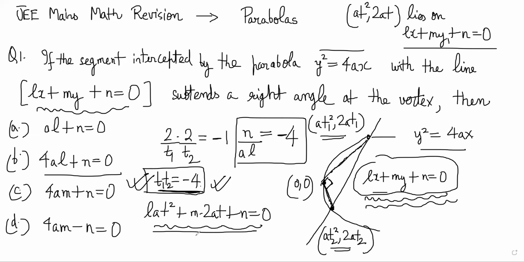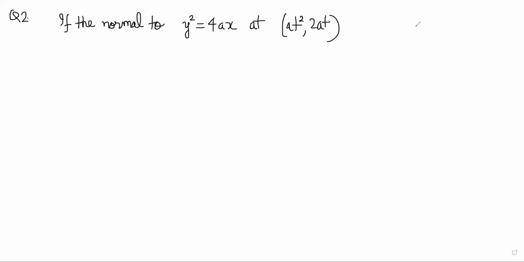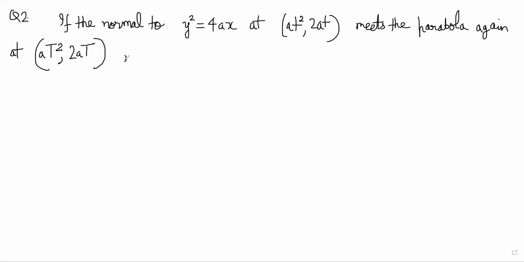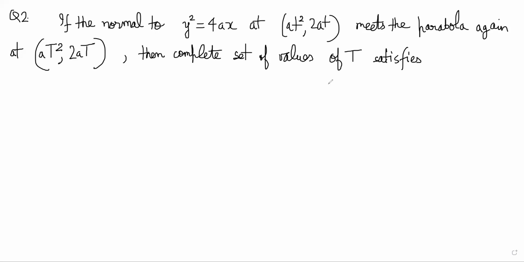Okay. Let's go to the next one. This is: if the normal to y square is equal to 4ax at (at square, 2at) meets the parabola again at (a capital T square, 2a capital T), then the complete set of values of T satisfies what equation?